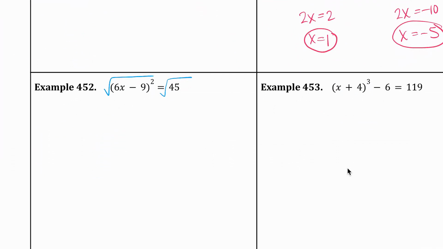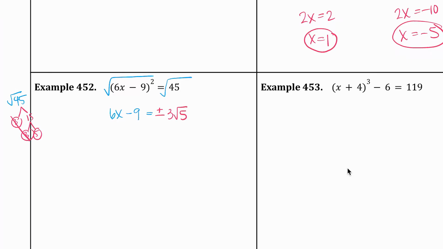So the left side, we get 6x minus 9 equals the square root of 45. I'm going to come over here and simplify the square root of 45 and use whichever method you prefer. I've got 3 and 15, 3 and 5, so I'm going to take out a 3. So I get equals plus or minus, don't forget your plus or minus, 3 square root 5.